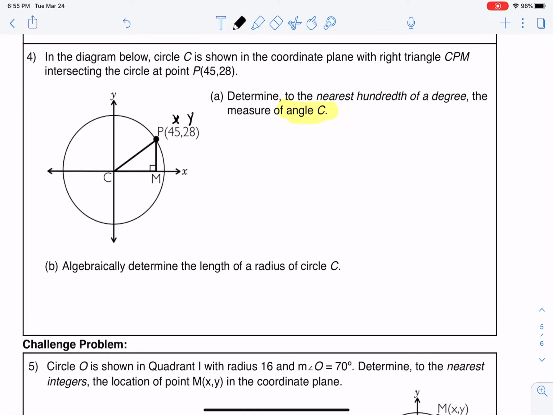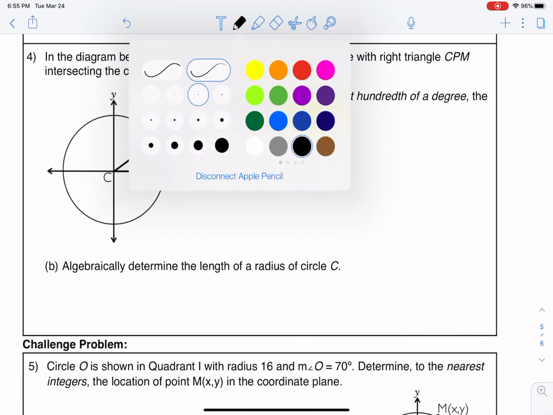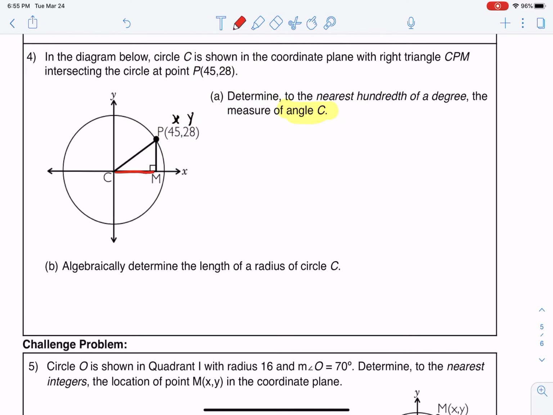So one of those values is going to tell us our horizontal distance of that triangle. The horizontal distance is this distance. And the other coordinate is going to tell us our vertical distance.